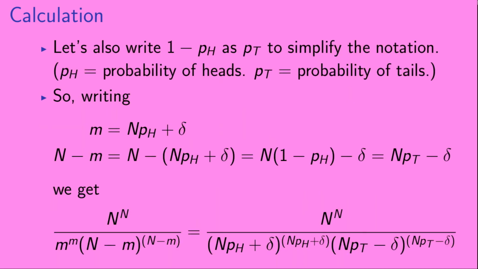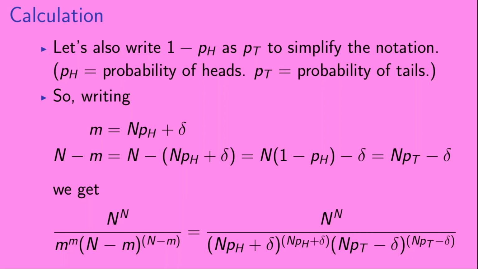Let's also write 1 minus ph as pt to simplify the notation. Remember that ph equals the probability of a flip coming up heads, and pt equals the probability of it coming up tails, so ph plus pt equals 1.